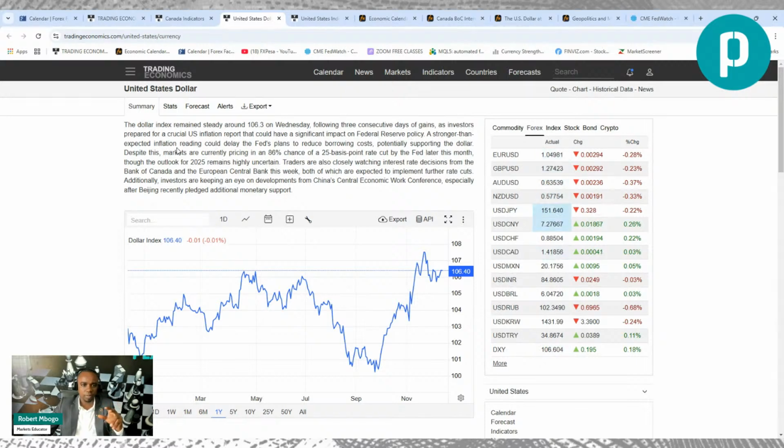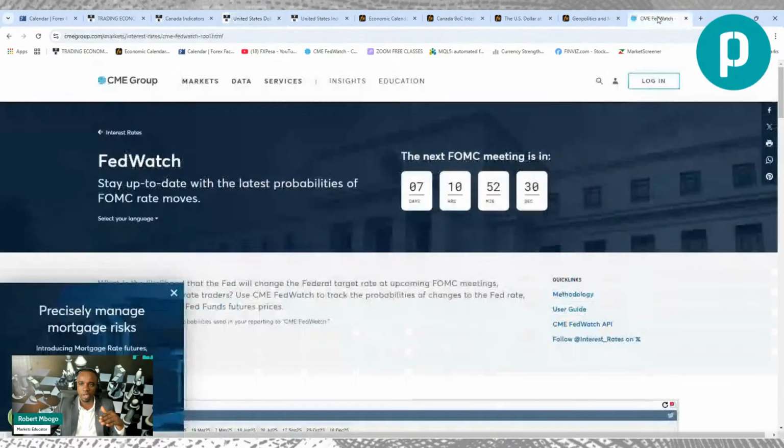A stronger than expected inflation reading could delay the Fed's plans to reduce borrowing costs, that is, to continuously cut the rates. Remember, in the next 7 days we'll have an FOMC meeting where we'll get information from the Fed.